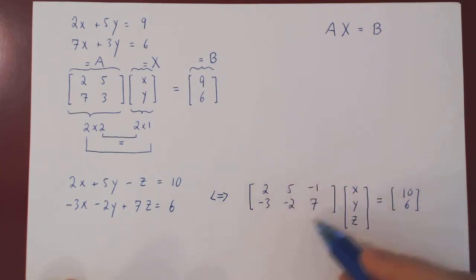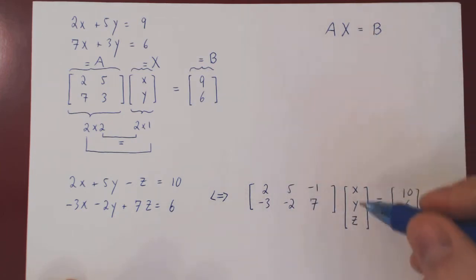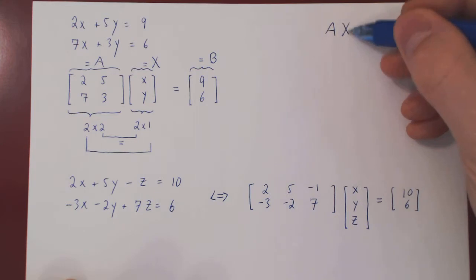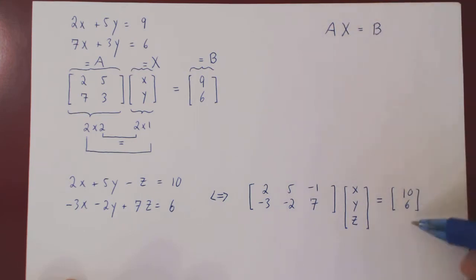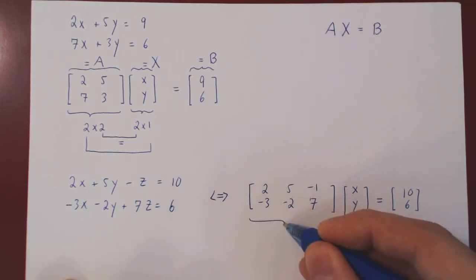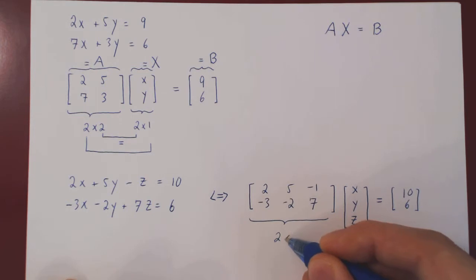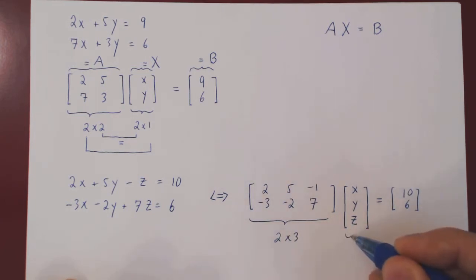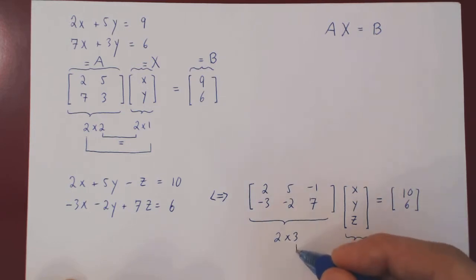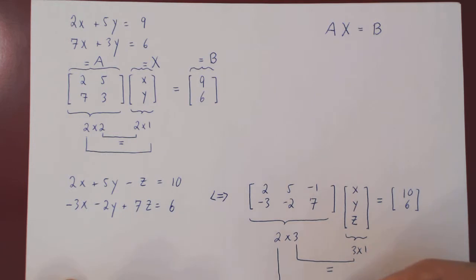So this is the matrix A. This is the vector of variables X, and this is the vector or column matrix of constants B. Well, first, let's see that the sizes do fit. This matrix is a 2 by 3 matrix. This matrix is a 3 by 1 matrix. So 3 equals 3. So we can multiply, and the result would be a 2 by 1 matrix.